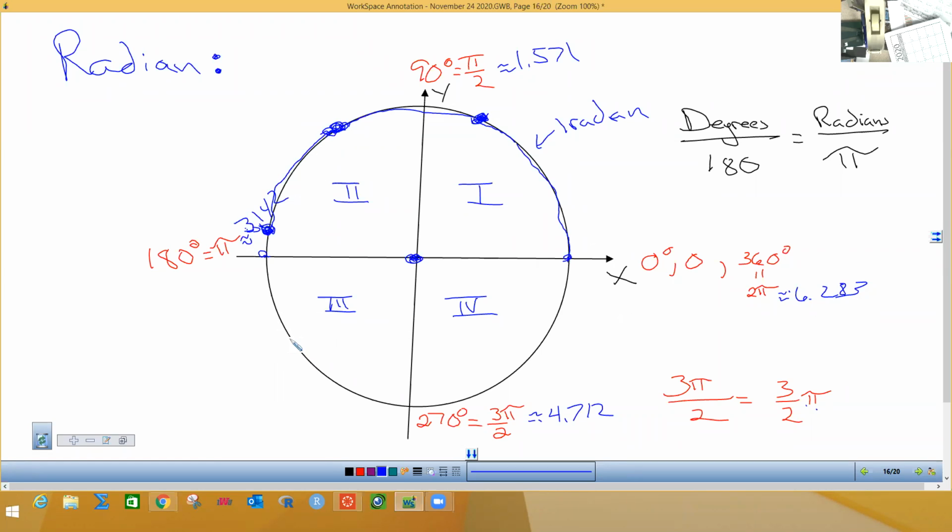So 4 radians would be in here, 5 radians in here, 6 radians probably in this area. And the reason I'm doing this is that first part wants us to estimate how many radians to the nearest half each one is.